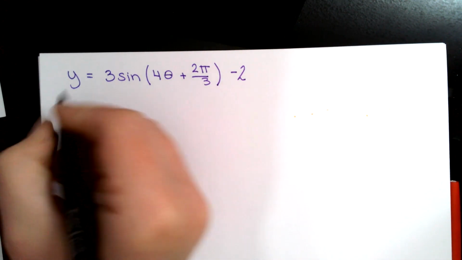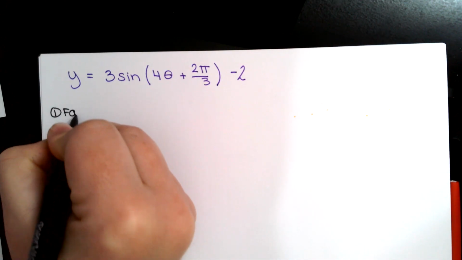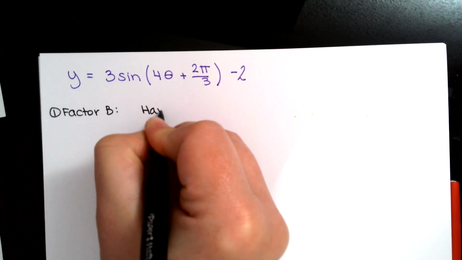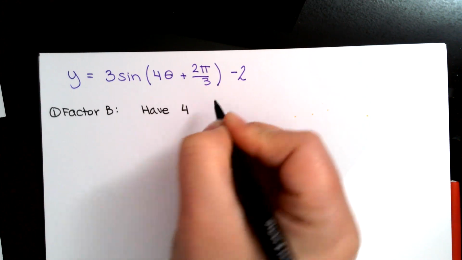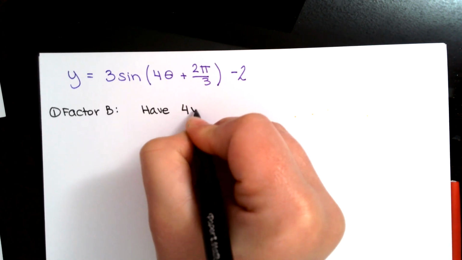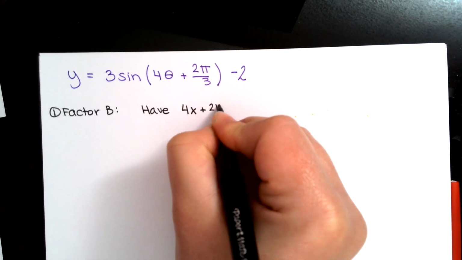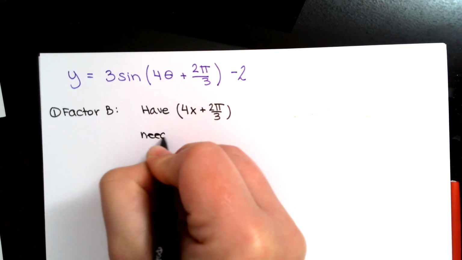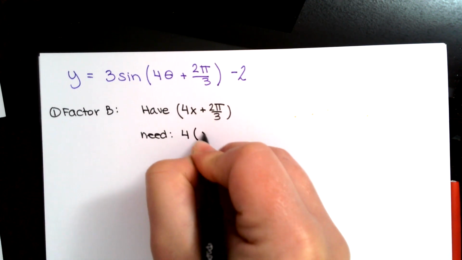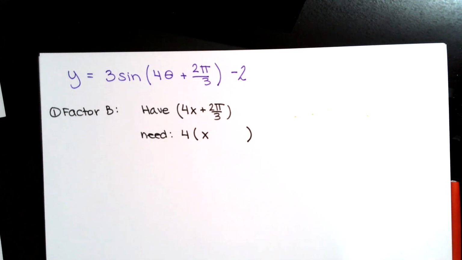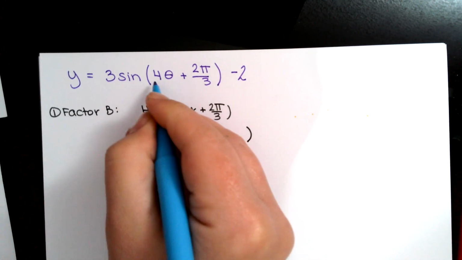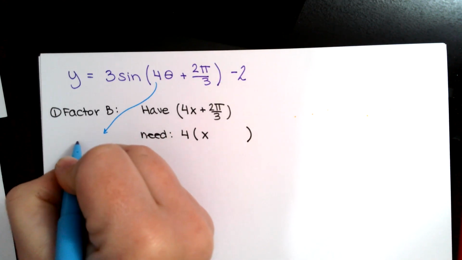Step number 1, you want to factor out your b value. So what we have is 4, I'm going to change it to theta, or x, plus 2 pi thirds. So we need to pull out that 4. The trick is you're going to pick up that b value, and you're going to flip it.